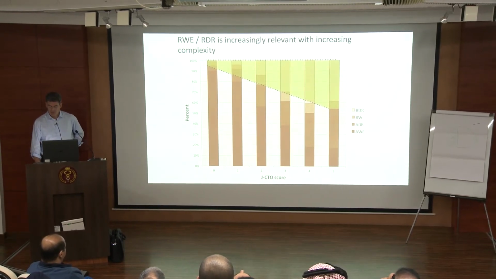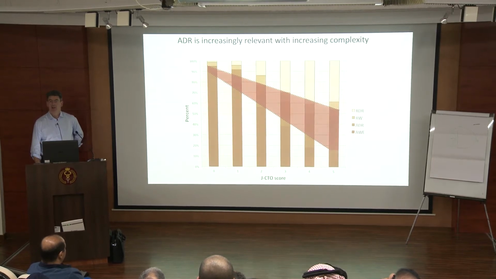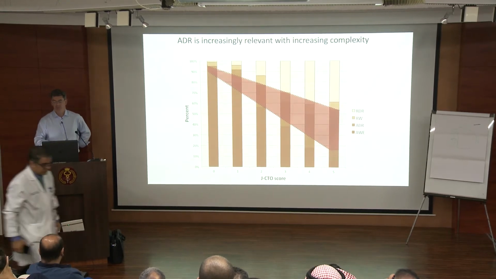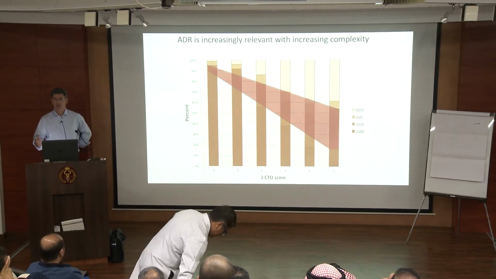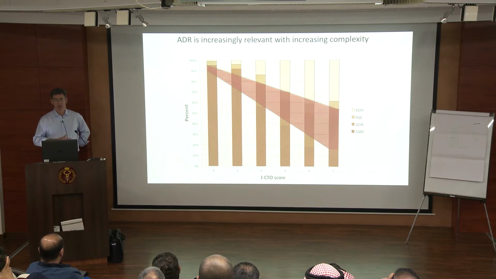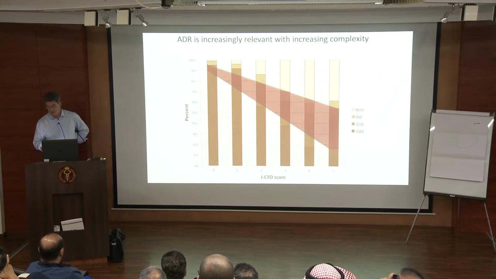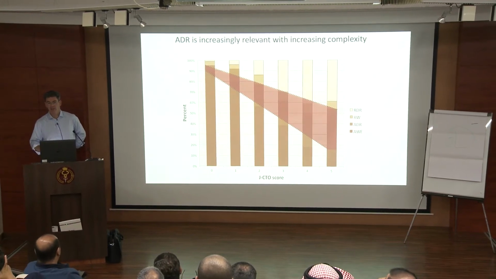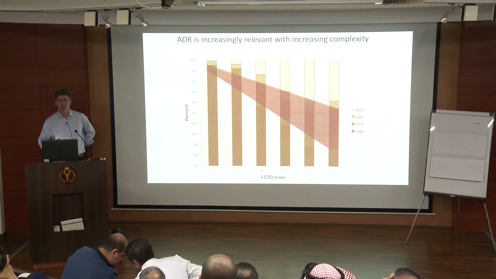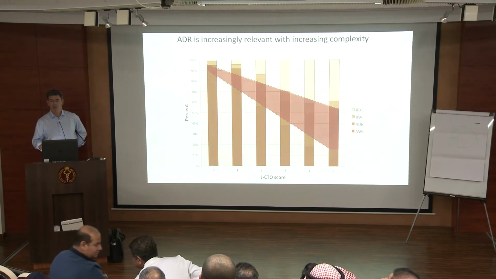Retrograde, of course, we have to do, but ADR, I would suggest, is a technique which fits into this range of complexities. The more complex the cases, the more options you have to have available. So if you're going to be taking on the most complex cases, it's not sufficient to be an outstandingly good antegrade wire operator and retrograde wire operator; you have to have, in addition, your dissection re-entry skills, which we've accepted we will develop with reverse CART and retrograde dissection re-entry.